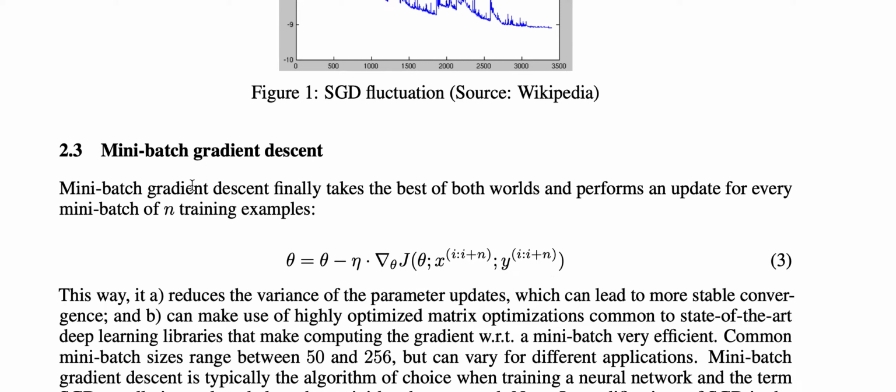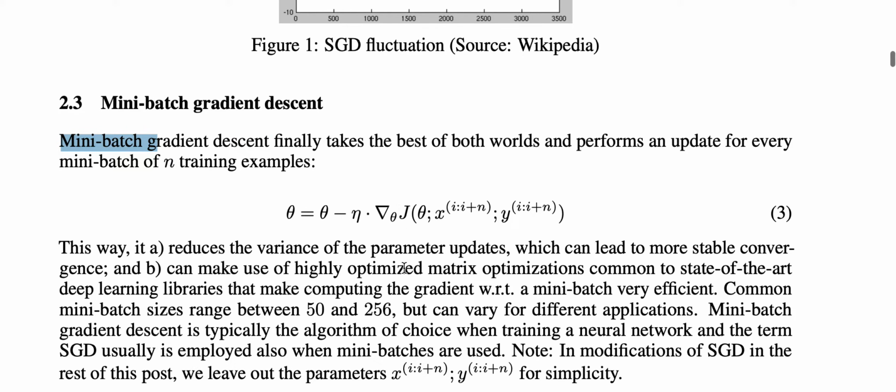So mini batch gradient descent does something in between. Instead of looking at all the data in each iteration, which can take forever, or one data point at a time, it looks at mini batches.